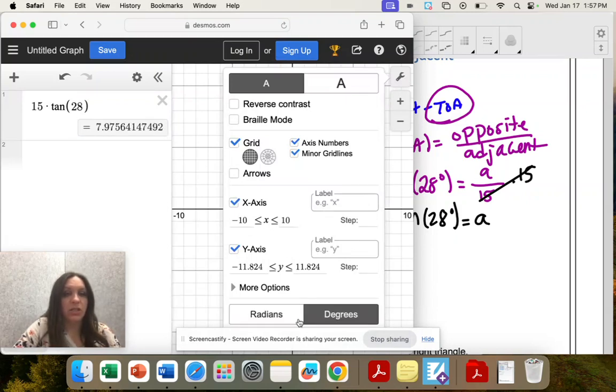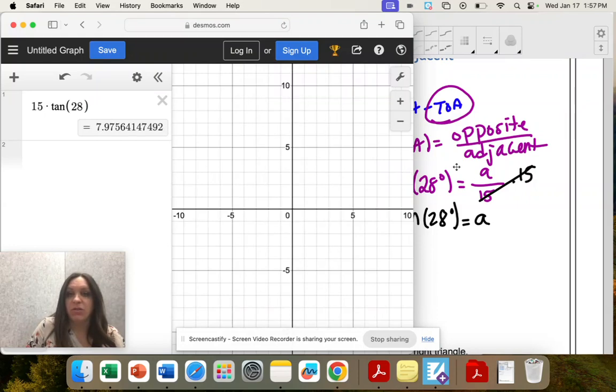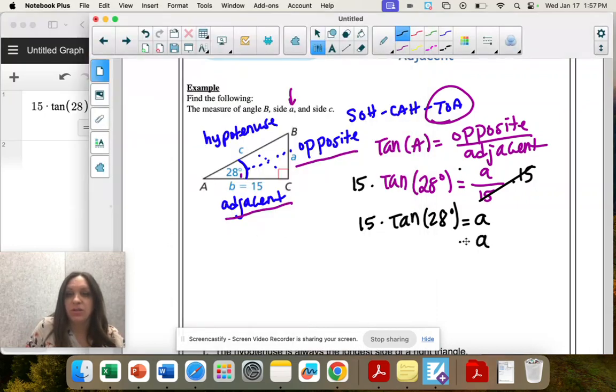I'm in degrees. If you're in radians, you're going to get the wrong answer. So it's 7.98 if I round that. You're usually going to round to two decimal places. So this side is 7.98.